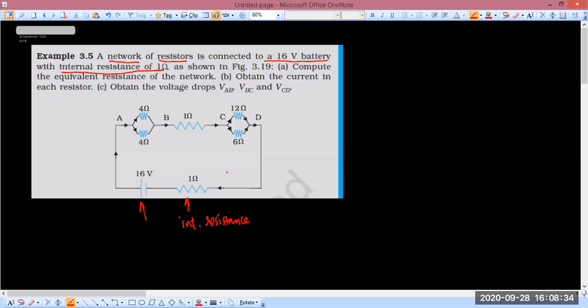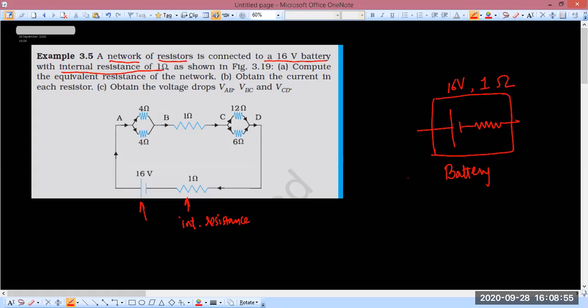So we can draw it like this also, and sometimes some books and authors draw it in this way as well. This indicates that this whole thing is one battery or one cell, and its EMF is 16 volt and its internal resistance is 1 ohm. Drawing like this or like this would mean the same thing, because here it is written in the question that internal resistance is 1 ohm. I hope that is clear.